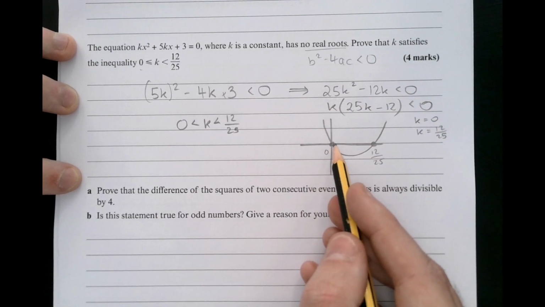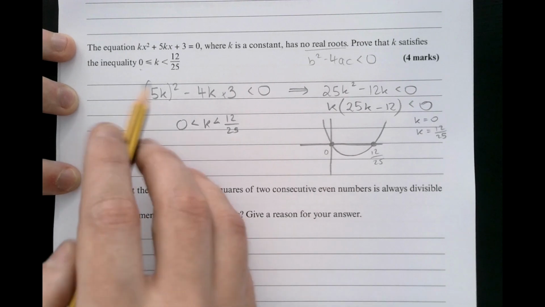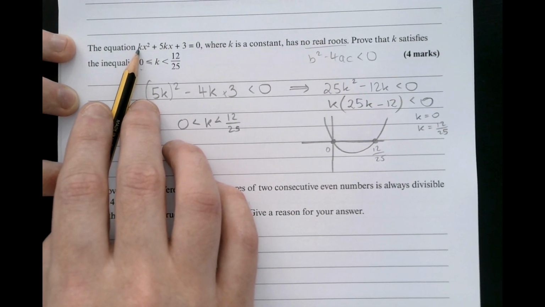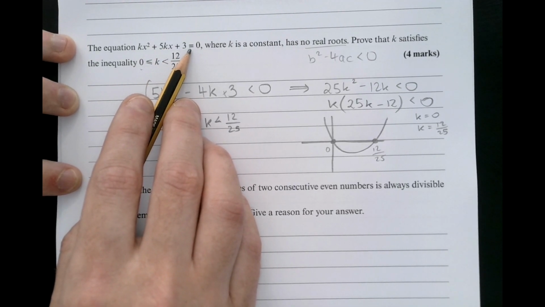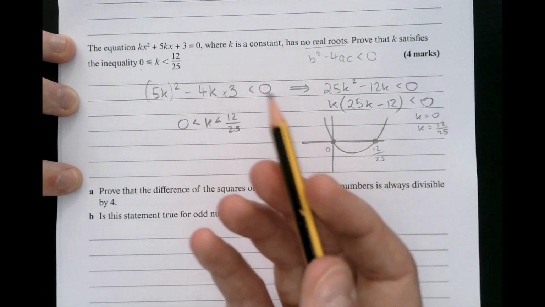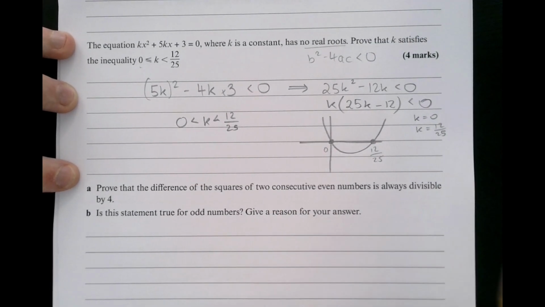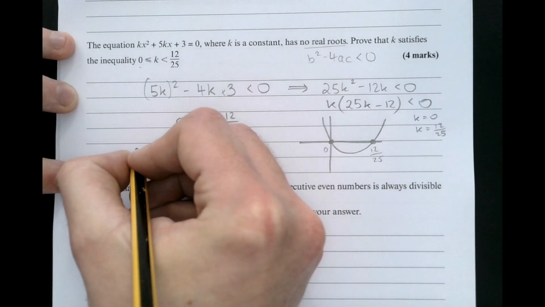All we've done is we've shown that it's between 0 and 12 over 25. To get the 0, let's just look at what happens if k equals 0. We have 0 plus 0 plus 3. That's just the line y equals 3, which is not a root. Okay, so let's do that separately.